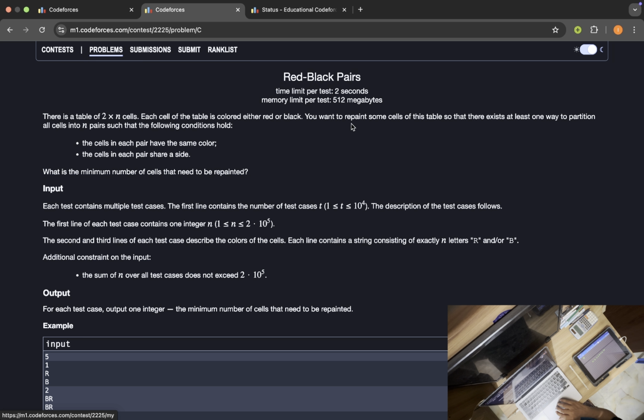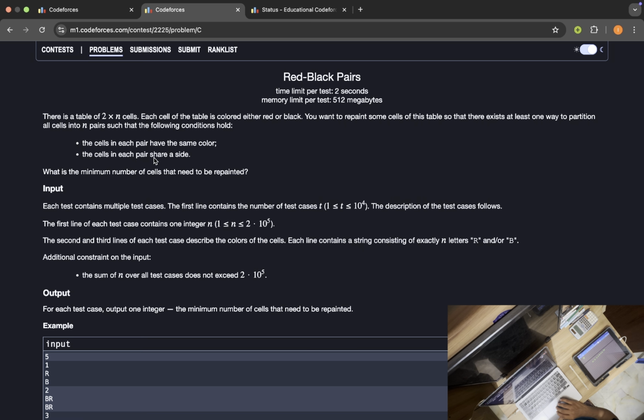We're going to repaint some cells of the table so that there exists at least one way to partition all cells into n pairs such that the following condition holds: the cells in each pair have the same color.